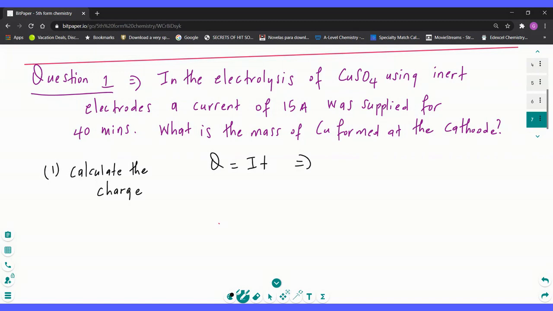The current that was supplied was 15 amperes. And the time it was supplied for? 40 minutes. But can we just leave the 40 minutes like that? No, we have to convert it into seconds. Each minute has 60 seconds, so let's multiply the 40 by the 60. Let us see what our charge is now.